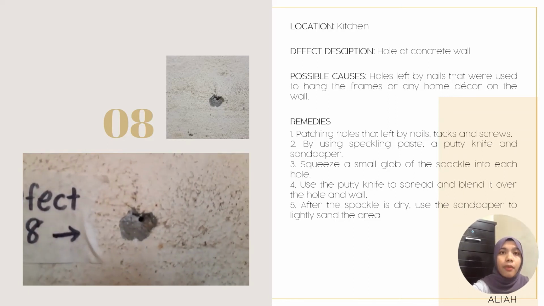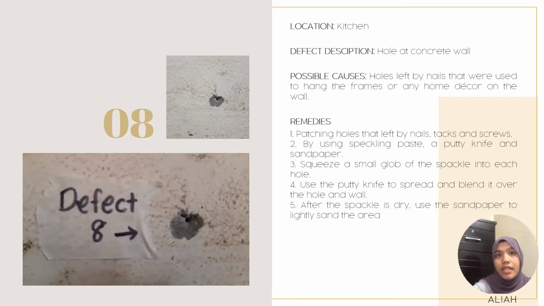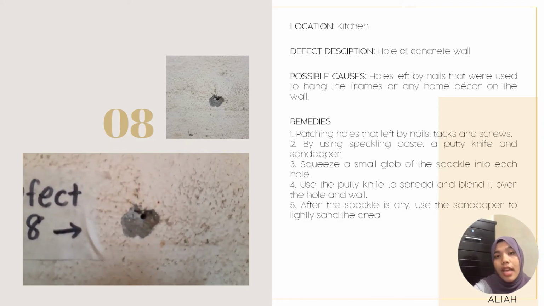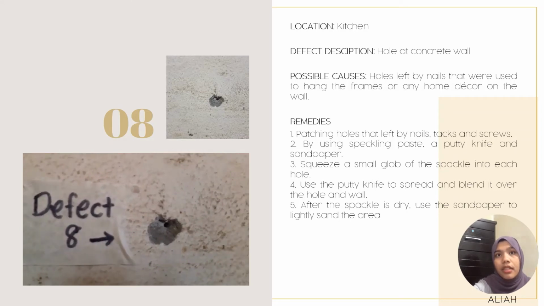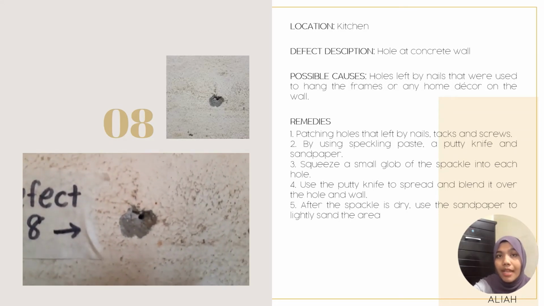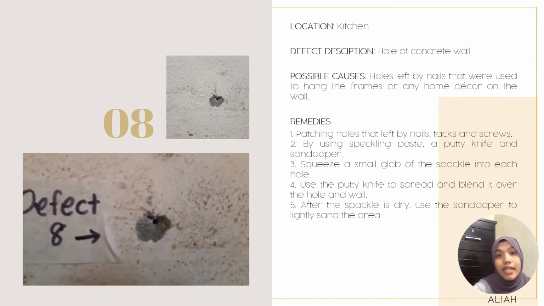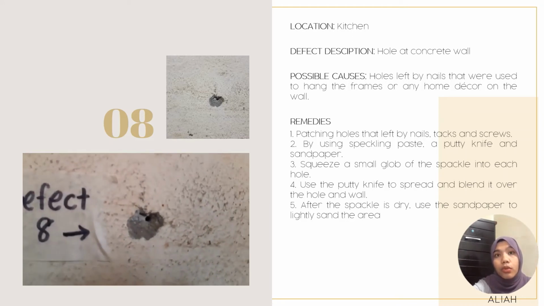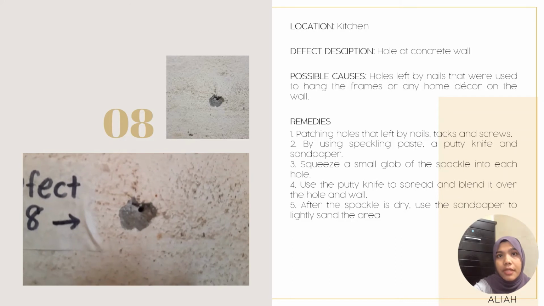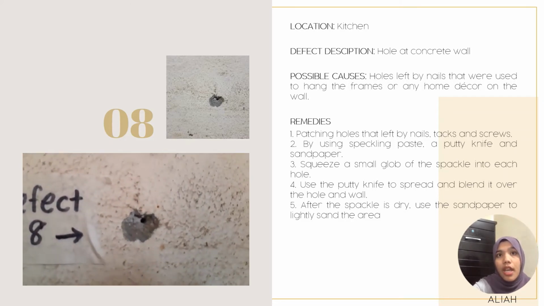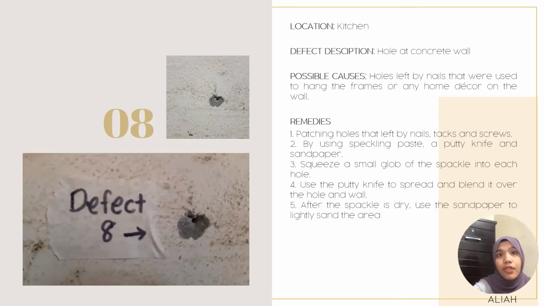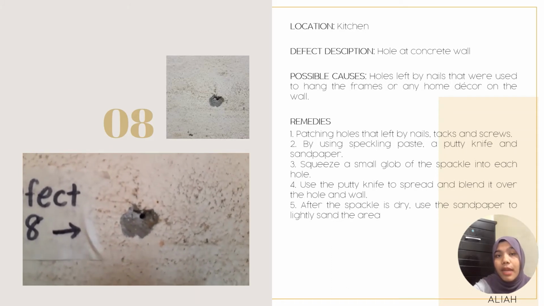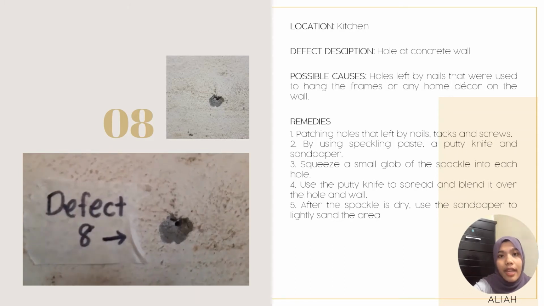So the remedy for this defect is patching the holes left by nails using spackling paste, putty knife and sandpaper. The method is to squeeze a small glob of the spackle into each hole and use the putty knife to spread and blend it over the wall that has a hole.